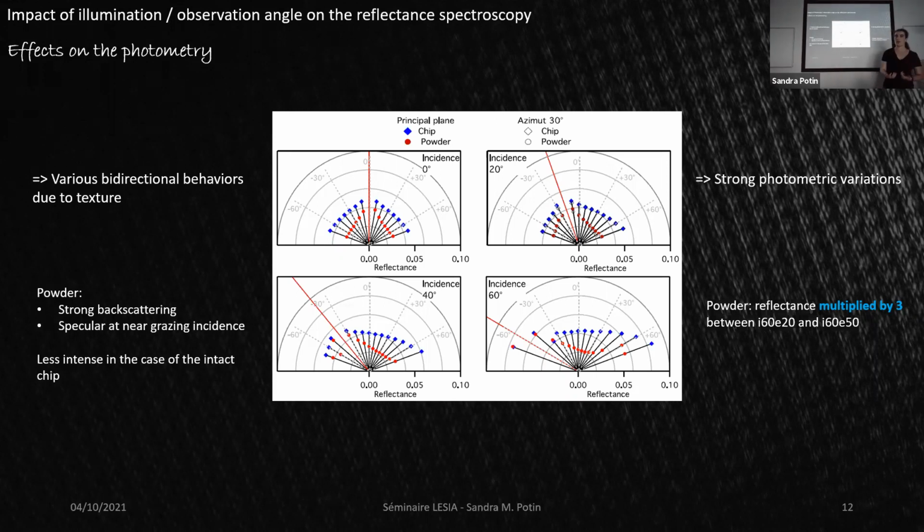If we want to see the strong effect of geometry, we can look at the powder here between this geometry, incidence 60 and emergence 50, and this geometry here, at emergence 20 degrees, we multiply the amount of reflectance by 3. So we have a strong effect of the geometry on the amount of reflectance. Also, we can use these measurements, this BRDF, to discriminate between a surface that is an intact chip, an intact rock, and a small powder.